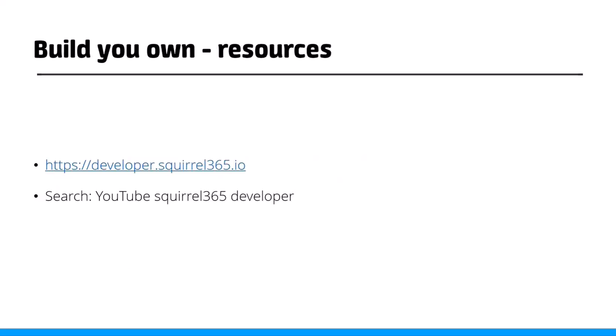We're not really touching on it today, but if you want to build your own, there are 2 great places to start. The documentation for building an add-on is at developer.squirrel365.io, or if you search YouTube Squirrel365 developer, the first link you get should be the Squirrel developer channel on YouTube, where there's a recording from last week's webinar, which Matt did, taking you through the whole process of building an add-on from scratch.